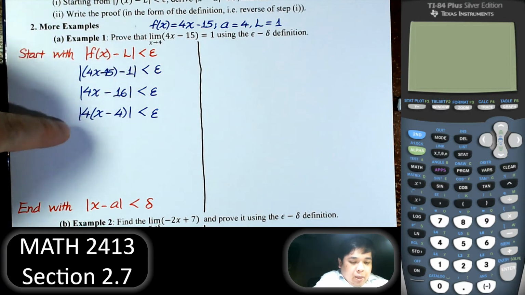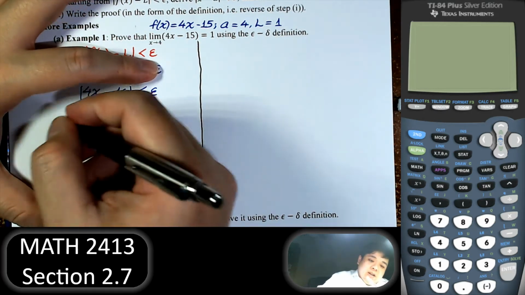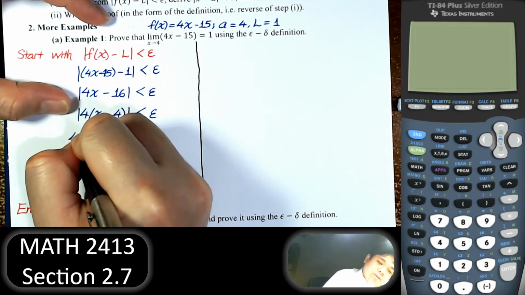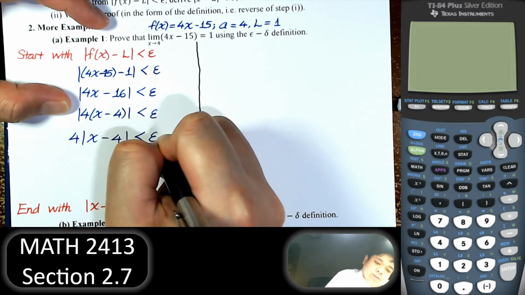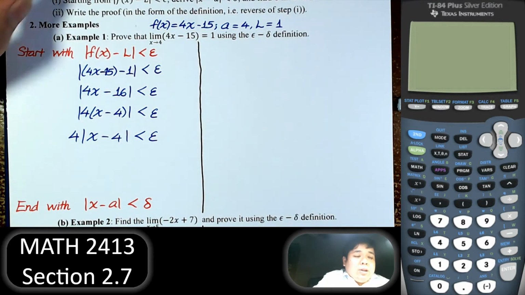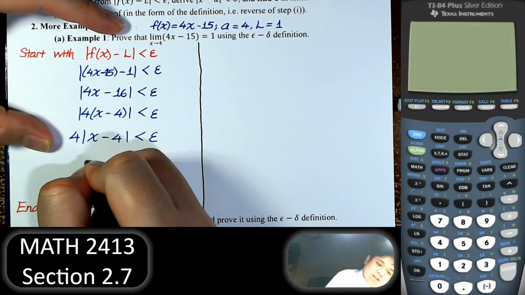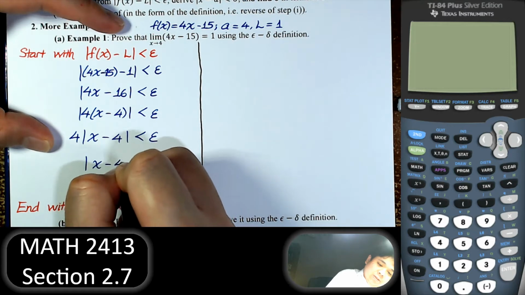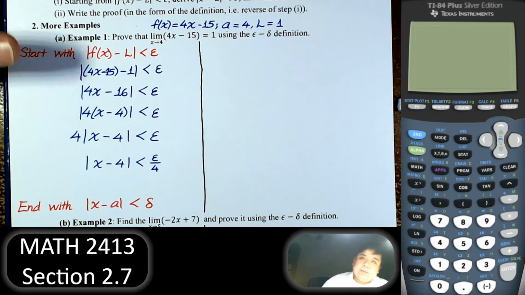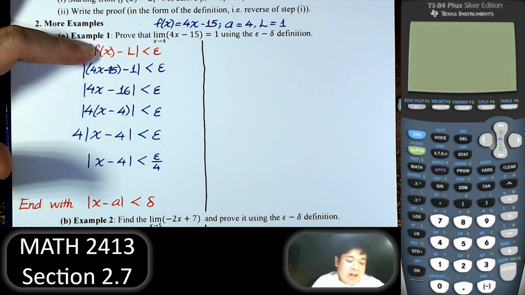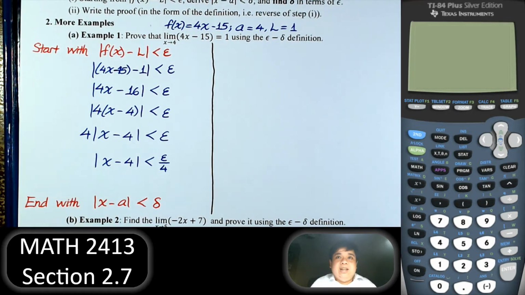Now, because 4 is positive, we can take it outside of the absolute values. And then we can solve for x minus 4 by dividing by 4 on both sides. So we start from here and we end up with x minus a, where a is 4.